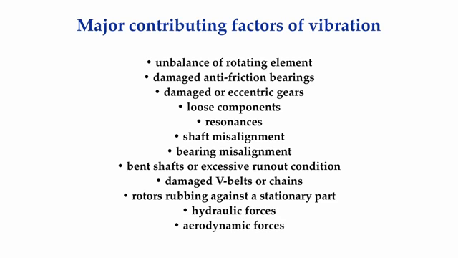Resonance refers to elevated vibration levels due to a dynamic force exciting the natural frequency of a machine. Shaft or bearing misalignment, bent shafts, excessive runout, damaged belts, rubs, and hydraulic or aerodynamic forces also contribute to vibration in machinery.